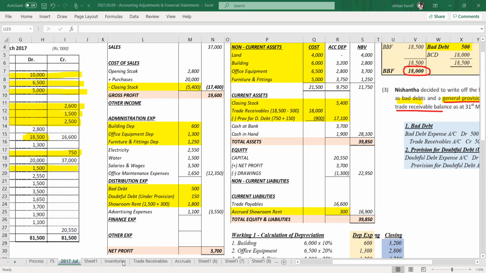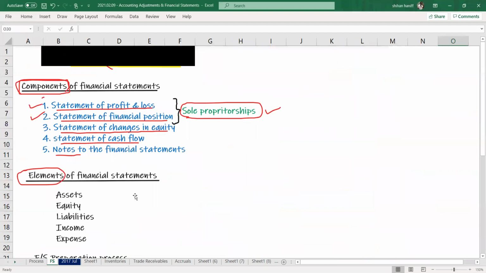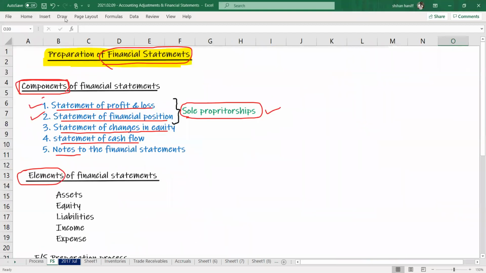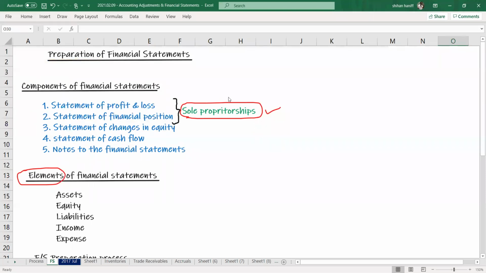Right. So I'll go through again. And if you want to take any screenshots, you can take. We started with the preparation of financial statements. There are five components and five elements.